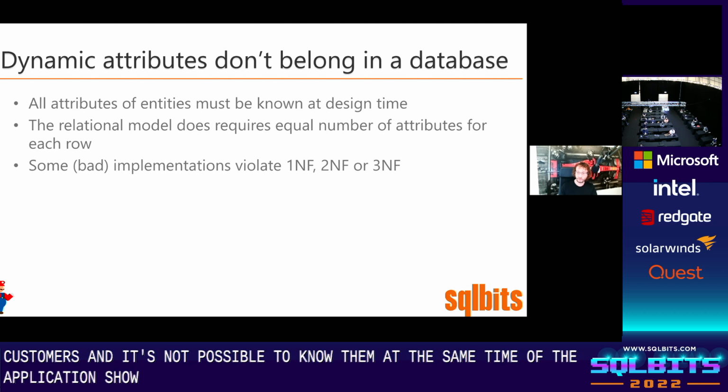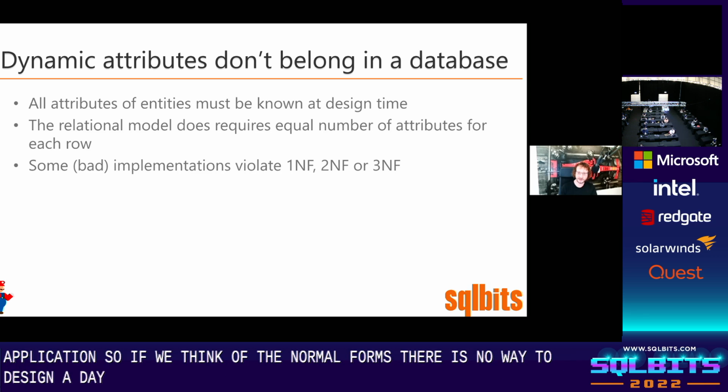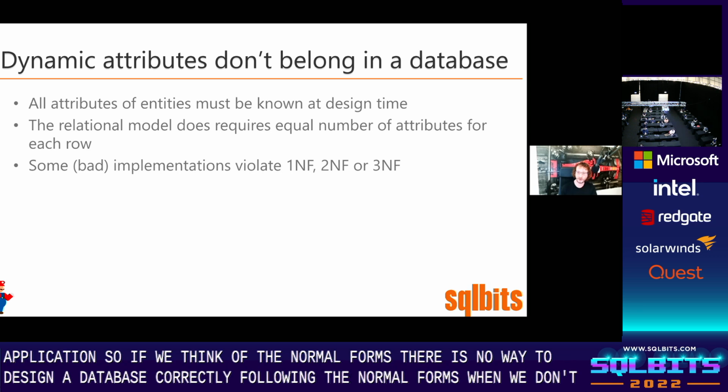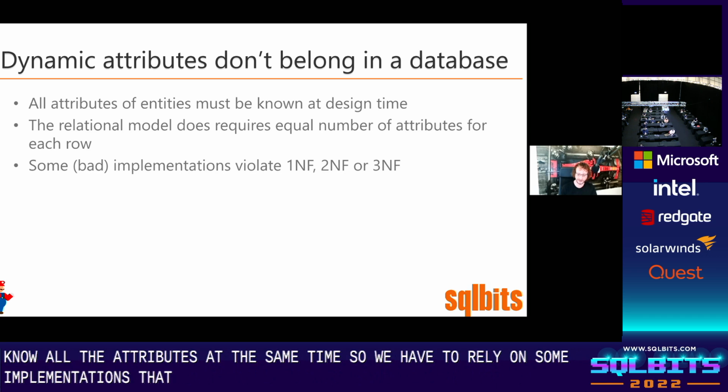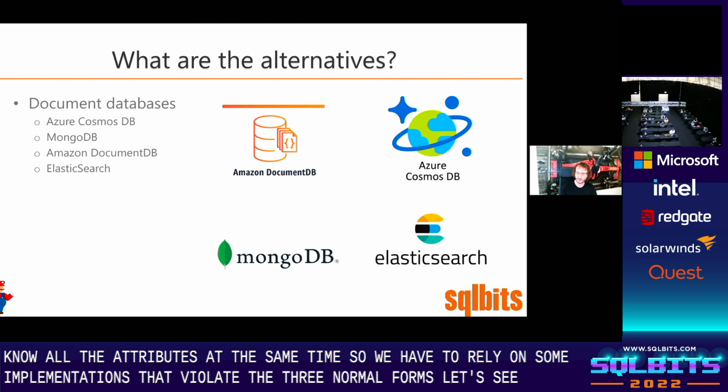So if we think of the normal forms, there is no way to design a database correctly following the normal forms when we don't know all the attributes at design time. So we have to rely on some implementations that violate the three normal forms. Let's see what the alternatives are.